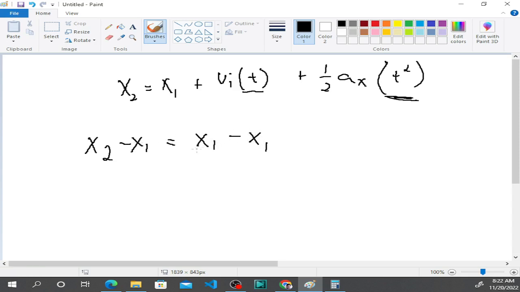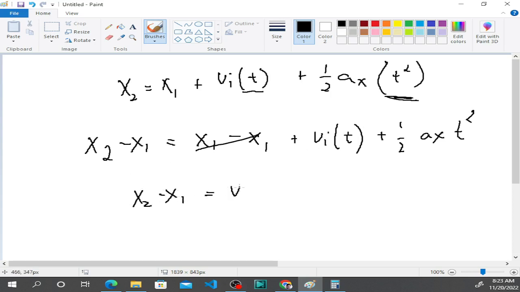We subtract it here, so that's going to cancel out, plus vi times time, and then you add 1/2 ax times the value of t squared. Alright, so you have here x sub 2 minus x sub 1 is equivalent to vi times time plus 1/2 a sub x times t to the power of 2.